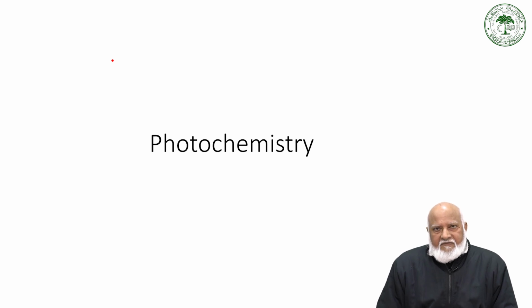undergo different reactions. This indirect photolysis can be of two types: either energy transfer, or electron transfer. So photo-induced electron transfer reactions are also known, where we have two molecules, donor and acceptor.